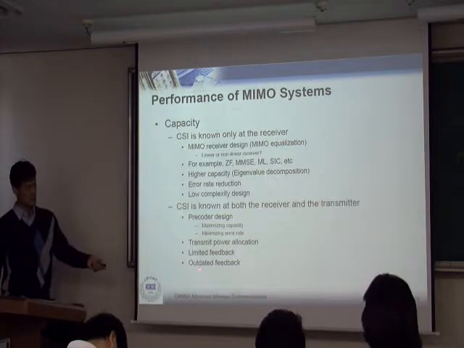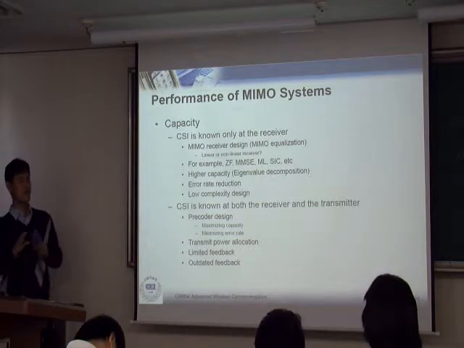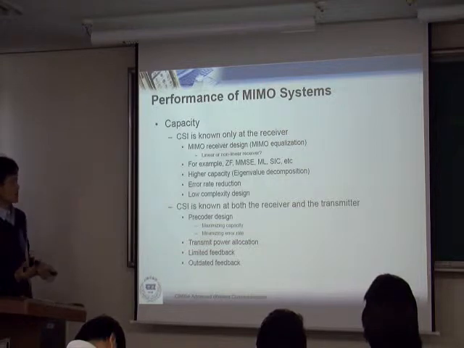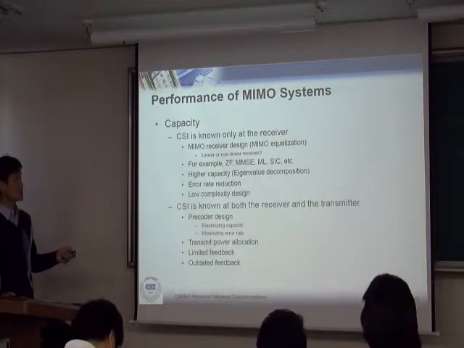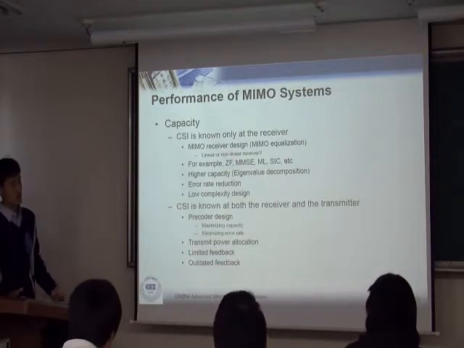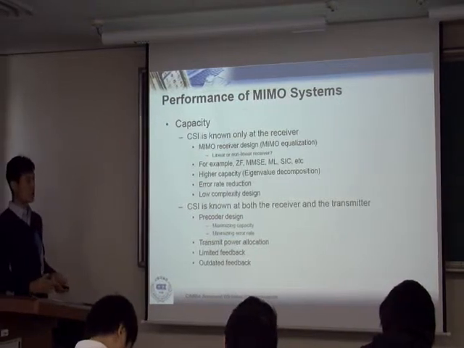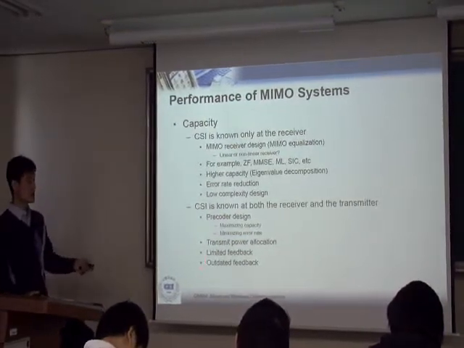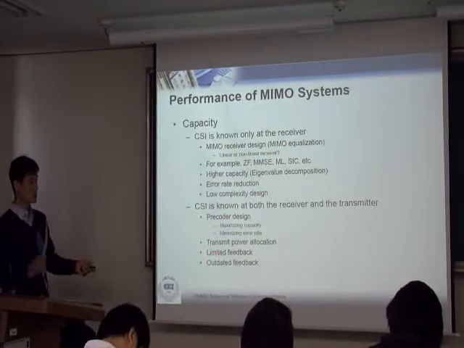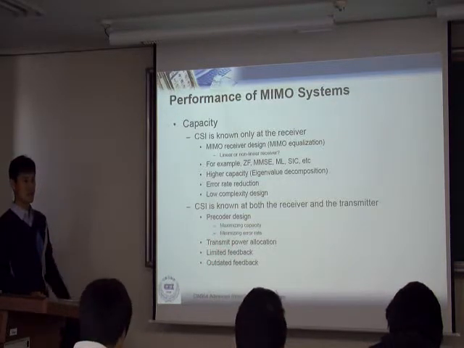These things consider the practical scenario. If you think about only the very ideal case, then you can simply assume the full, accurate CSI at the transmitter, with no delay in the feedback. Maybe you can try it that way. That's a theoretical approach. However, it is more interesting to consider limited resources for the feedback channel, and also the delay in the feedback channel.